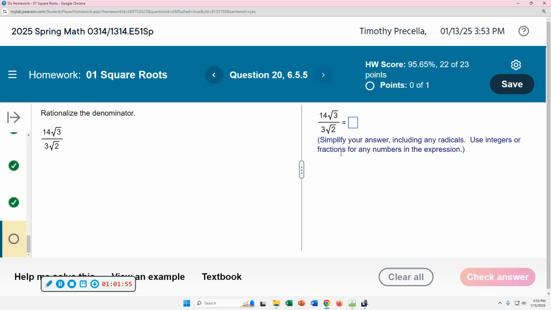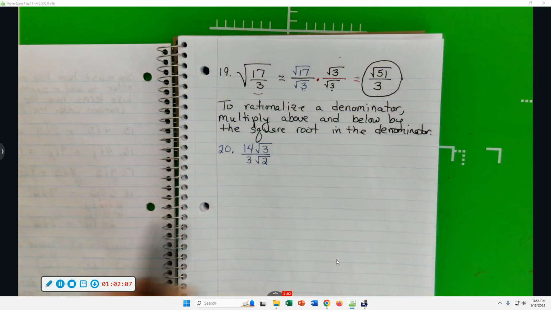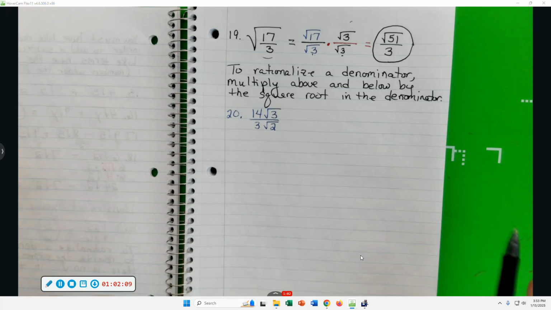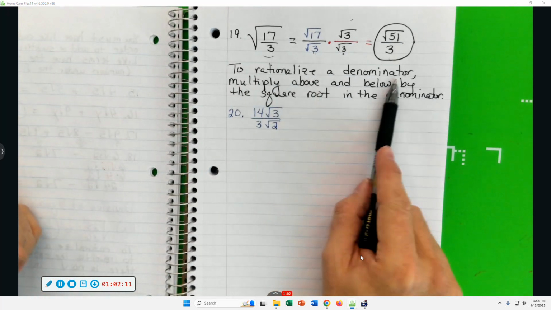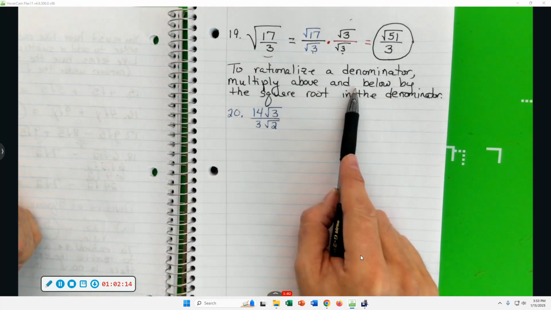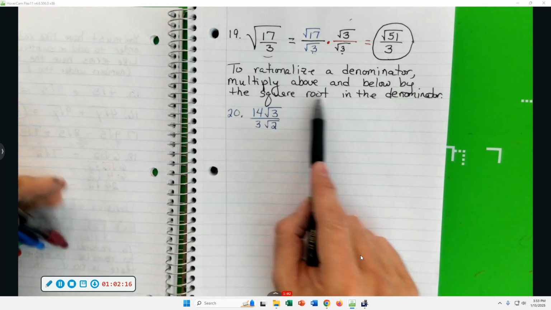Use integers or fractions for any numbers in the expression. They're saying don't type a decimal approximation. If you punch that into your calculator, you'd probably get a decimal approximation, and they'll count it wrong. Sometimes people wonder, what are all these sentences they're writing? Well, to rationalize the denominator, multiply above and below by the square root in the denominator.